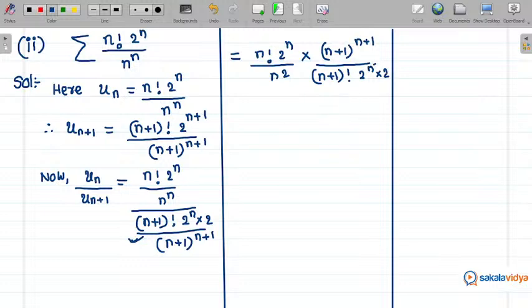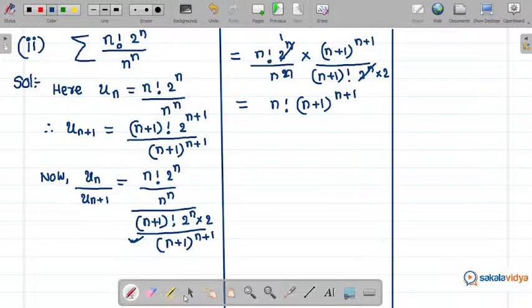So 2 to the power of n, 2 to the power of n got cancelled. So now we have n factorial into n plus 1 all to the power of n plus 1 divided by, what do we have here? Actually n square we have. Not n square, sorry, this is n to the power of n. Wait a moment.